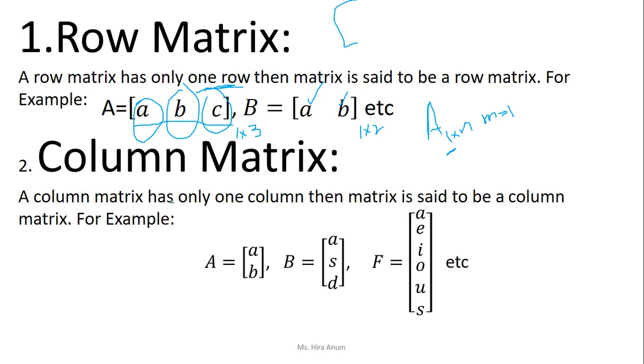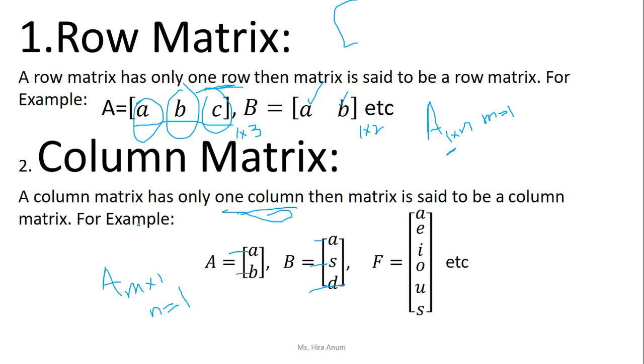Similarly, column matrix. Here we have one column but different rows. You can see rows 1, 2, 3, 4, 5, 6. In this you can write M cross 1, N equals 1 always.